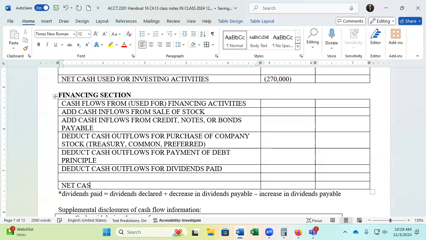And then you'd have your net cash flows from used for financing activities.